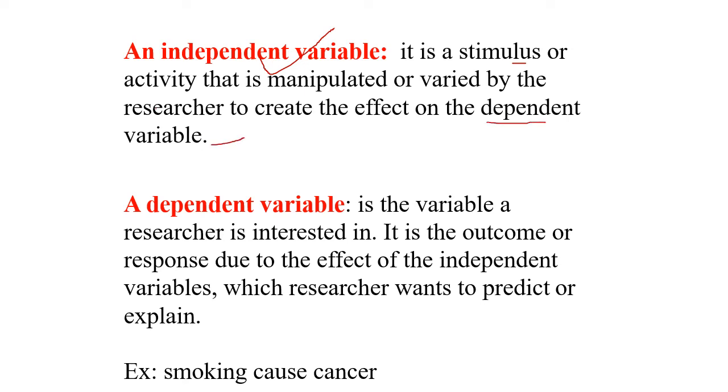Next one is the dependent variable. The dependent variable is going to depend on the independent variable. As we have already discussed, dependent variables are the outcome or response due to manipulating the independent variable. This variable we consider as the prediction that the researcher wants to show.